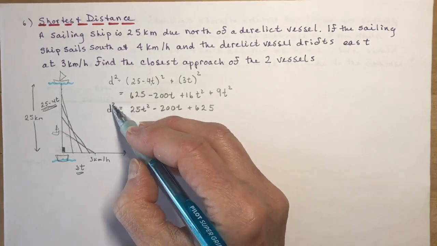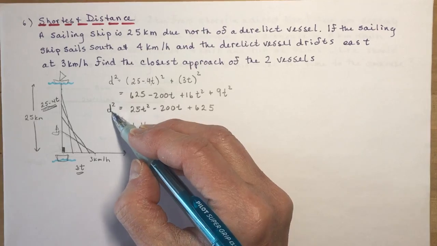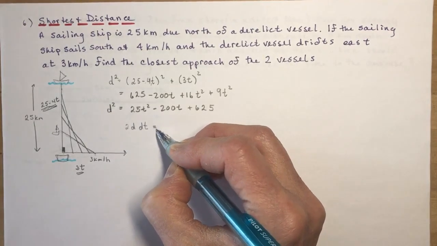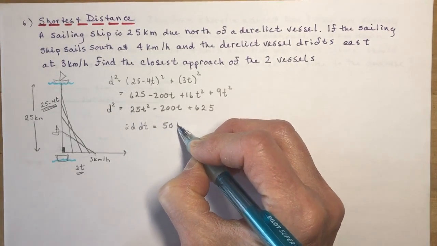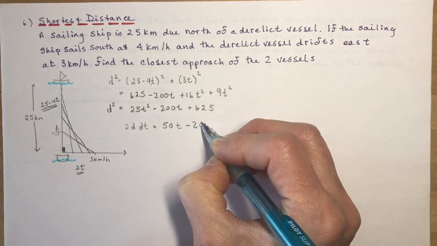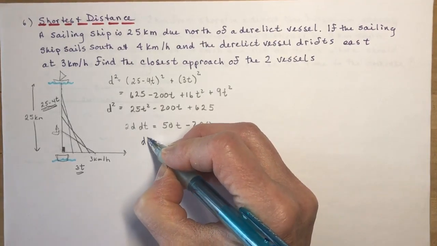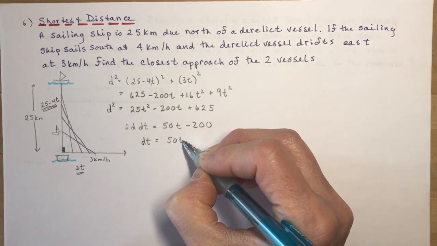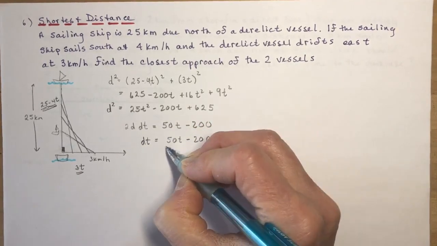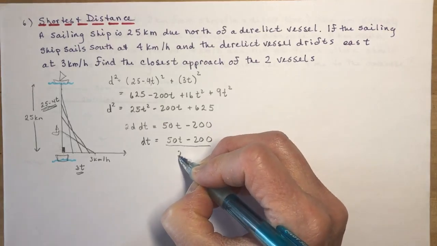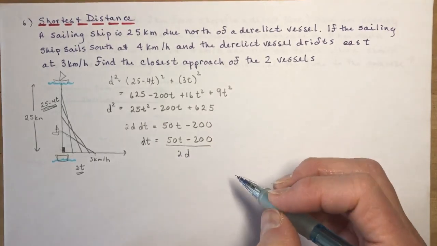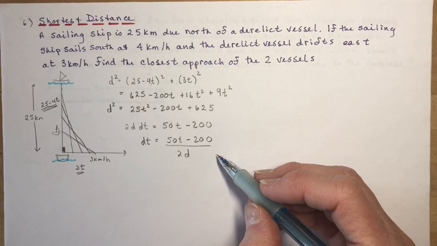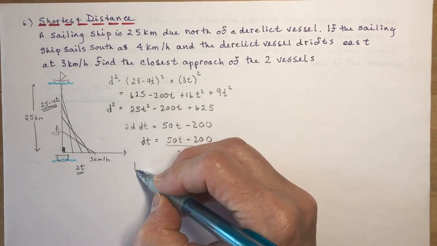So I'm basically taking the derivative of this on the left side, and then I'm going to take the derivative of this, and I'm going to say the derivative with respect to time is going to be 50t minus 200 divided by 2d.